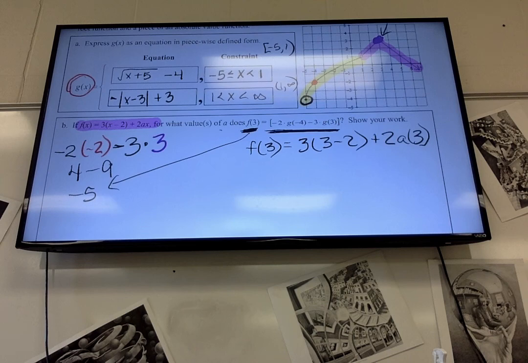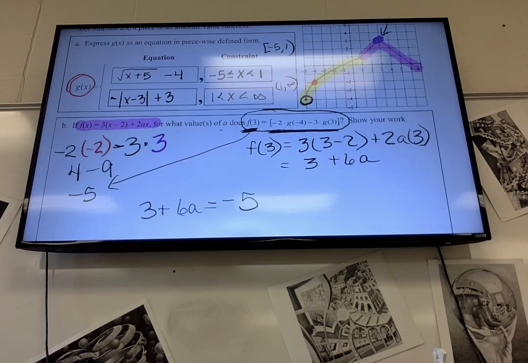That's what we're solving for. 3 minus 2 is 1 times 3 is 3. 2 times 3 is 6, so it's 6a. And now it says, what's the value of a when f of 3 equals negative 5? So I take 3 plus 6a, and I set it equal to negative 5.